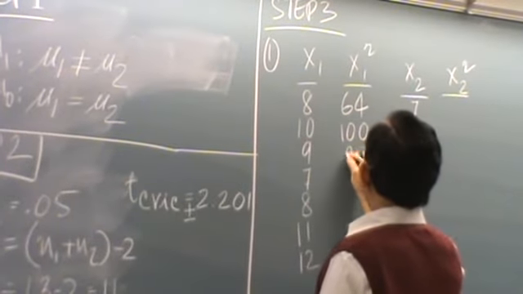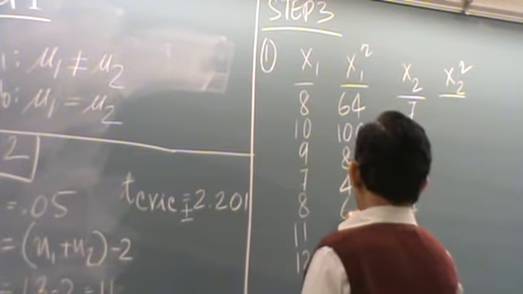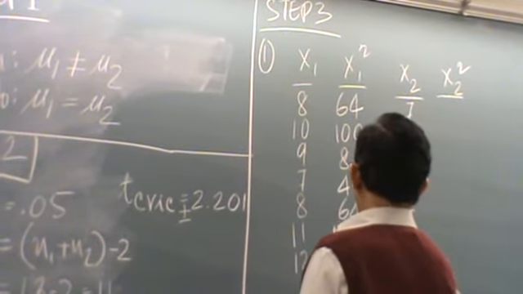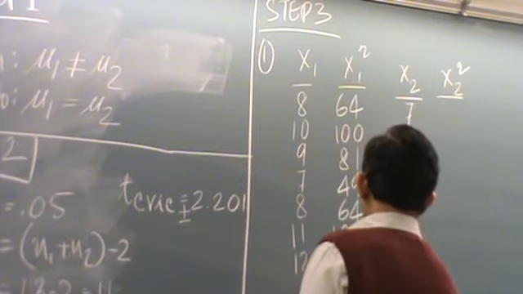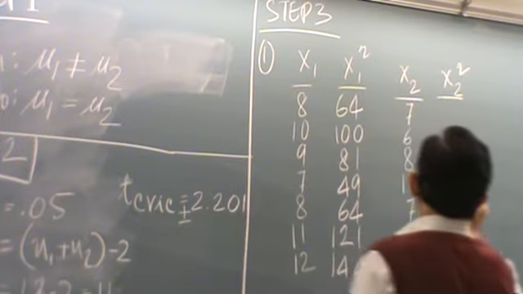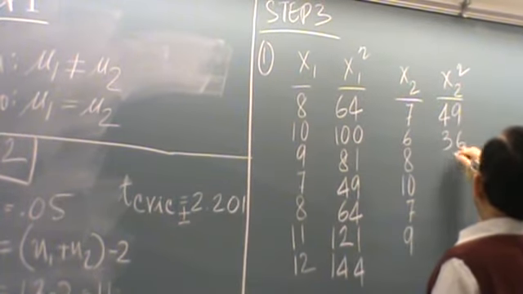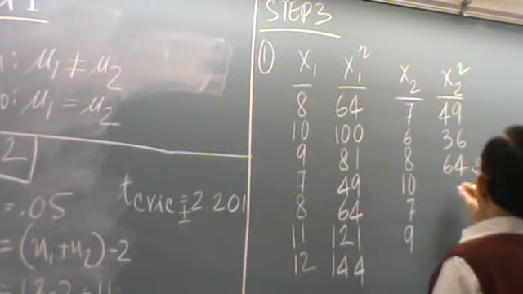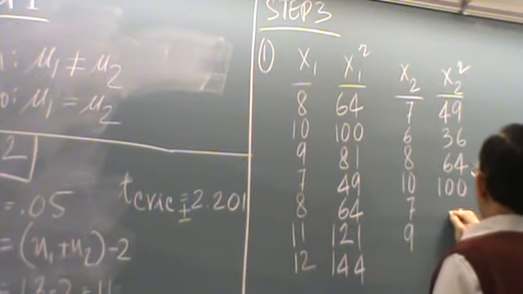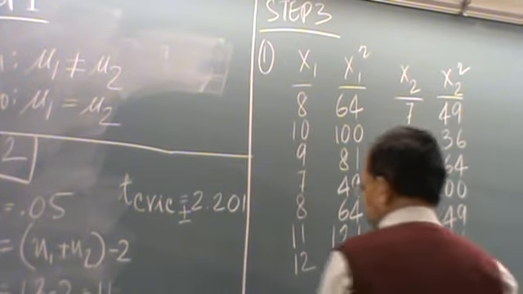100, 81, 49, 64, 121, 144. And this will be 49, 36, 64, 100, 49, 81.